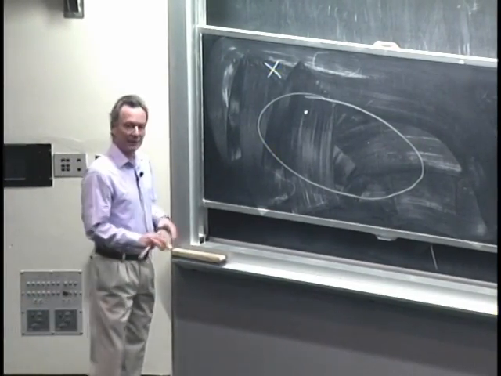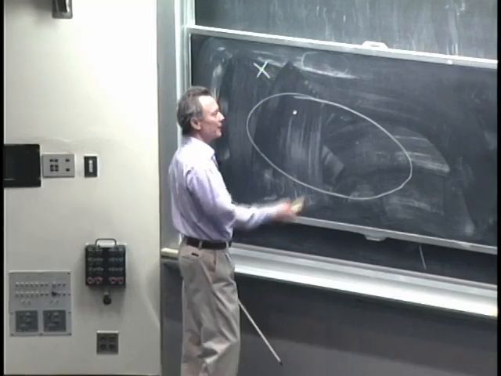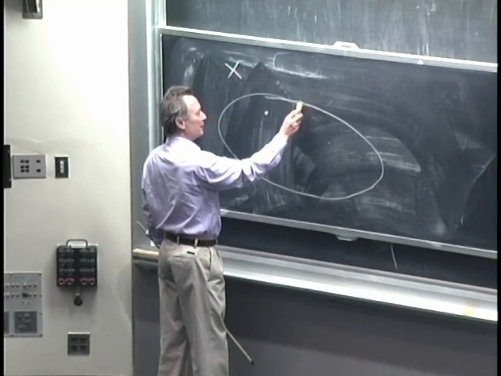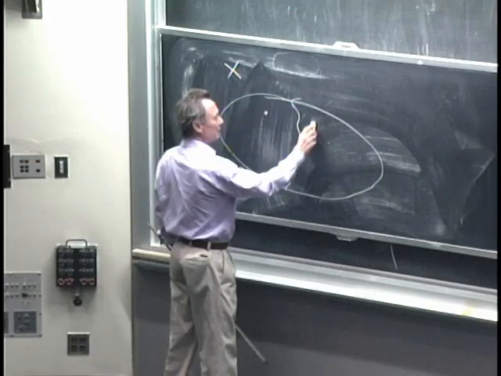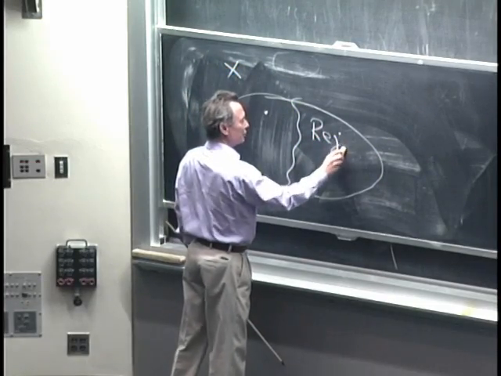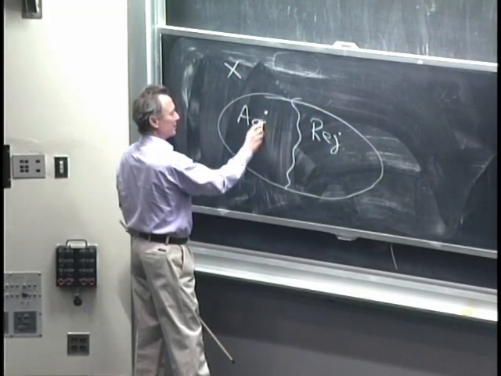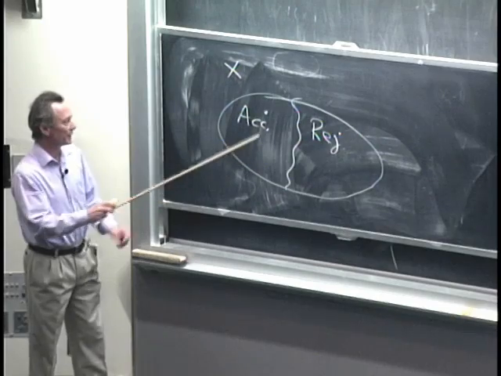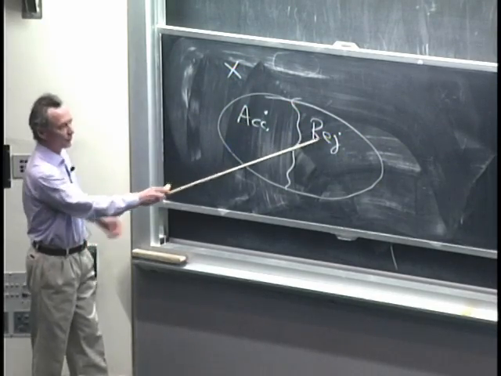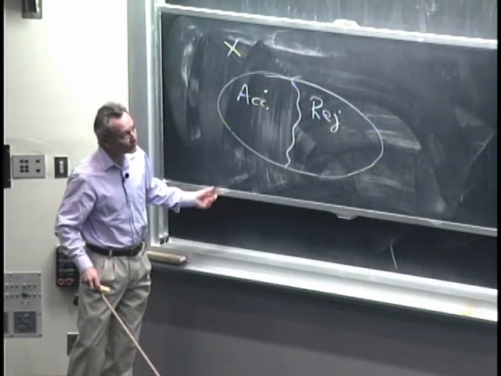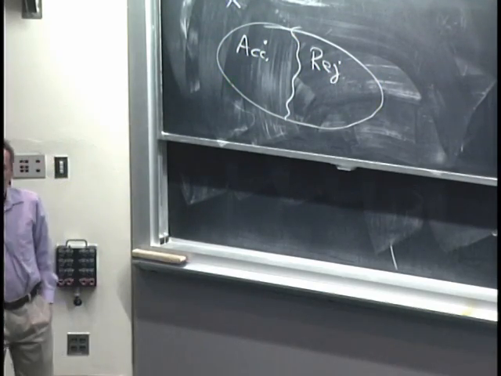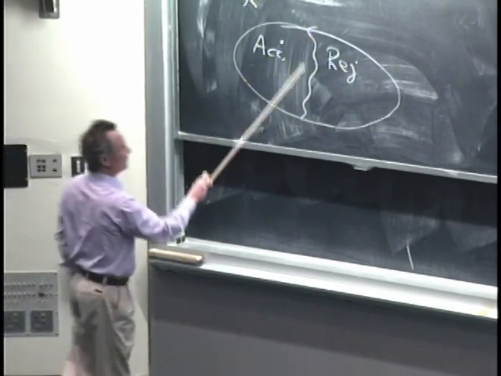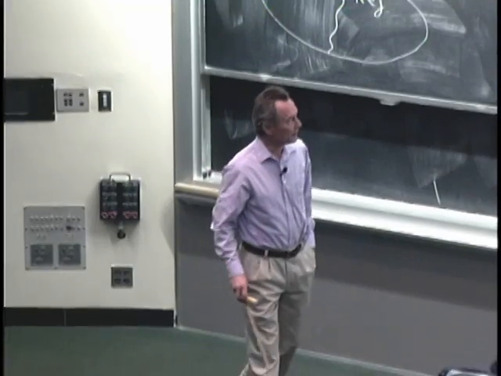So what you will end up doing is having some division of the space of all x's into two parts. One part is the rejection region, and one part is the acceptance region. So if you fall in here, you accept H naught. If you fall here, you reject H naught. So to design a hypothesis test, basically you need to come up with a division of your X space into two pieces.